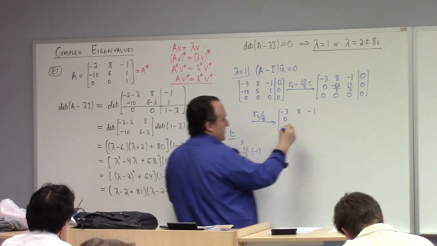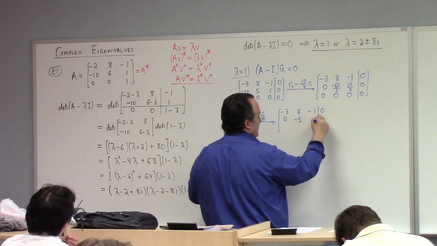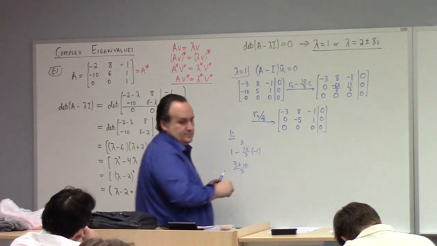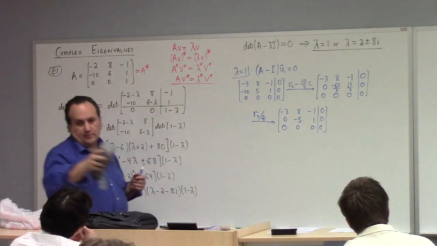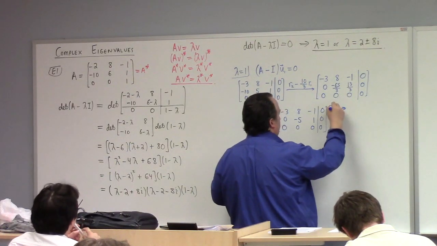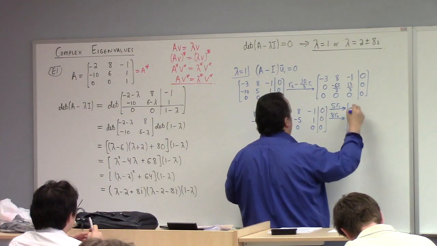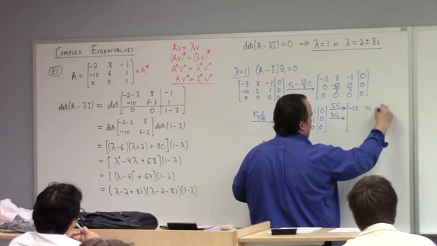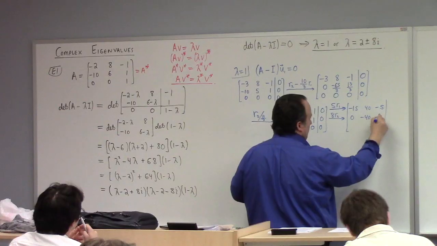And when I do that, that gives me a minus 5 here and a 1, which is much more pleasant than the one above, right? Then what? Okay, so I've done enough fractions for today. So let us do 5 times row 1, and 8 times row 2. All right, so I've got minus 15, 40, minus 5. And I've got 0, minus 40, and 8. All right.